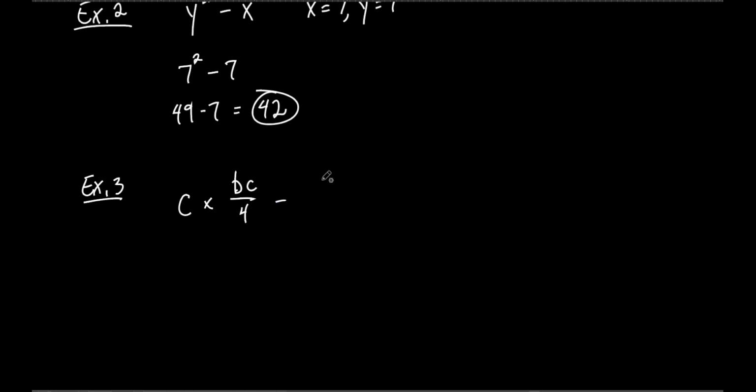Okay, this one's a little bit more involved, but it's the same idea. All right, and they tell you A is 4, they tell you B is 8 and C is 5. All right, so now, first thing we do, I mean, we can't do anything with this the way it's sitting right now, all right?